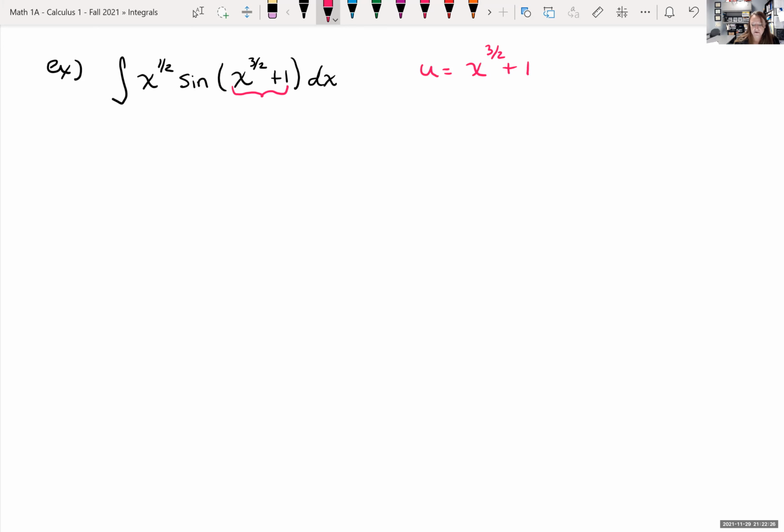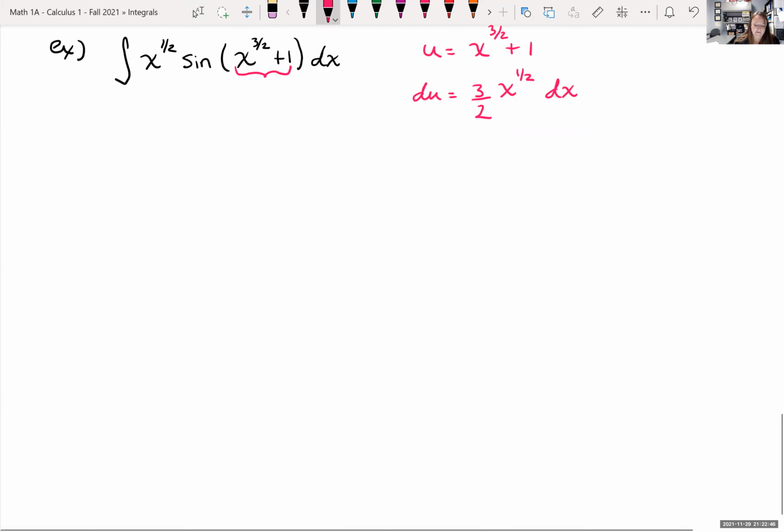So differentiate both sides, we get du equals 3/2 x, subtract 1 from our power when we take the derivative. So 3/2 minus 2/2 is just 1/2 dx.